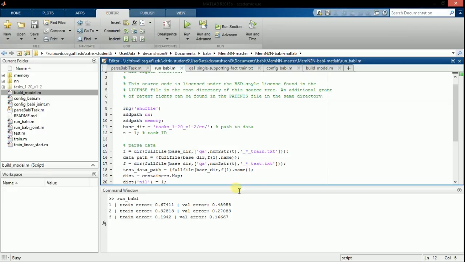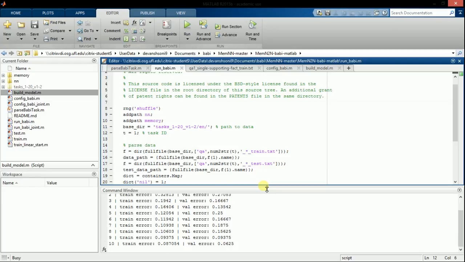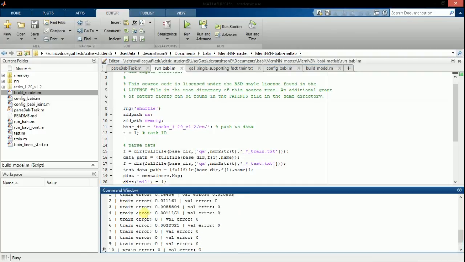If you can see, the training has been started and the step-by-step validation error and training error is being calculated. So you can see a change in the index number. After 20 sentences, the index changes.